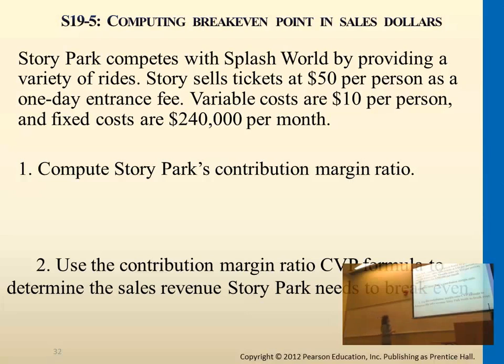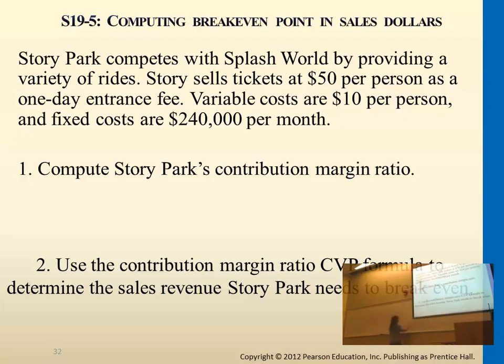So for this problem, to calculate the contribution margin ratio, this ratio is the relationship between sales revenue and contribution margin. We want to know, for every dollar of sales revenue, what's the portion that a company is generating in order to cover fixed cost. So sales revenue for each person's ticket is $50, and contribution margin for each person's ticket is how much?